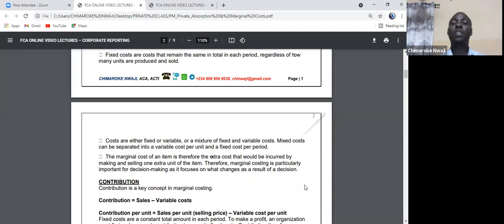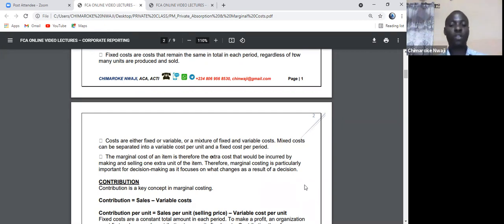If you want to increase it to 105, what will change? Normally the fixed cost will not change, but the variable cost will change. And so you see, in marginal costing, variable cost is sitting as a queen. It is very important. Variable cost is the queen of marginal costing.